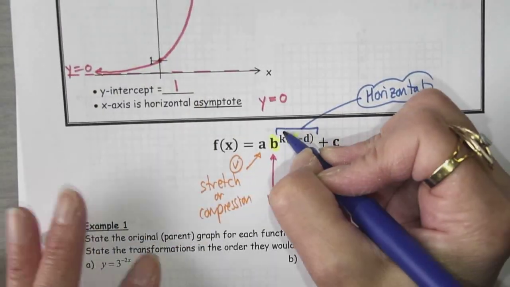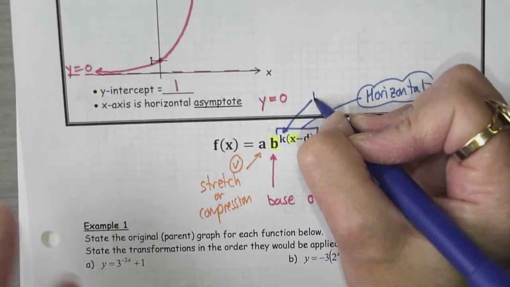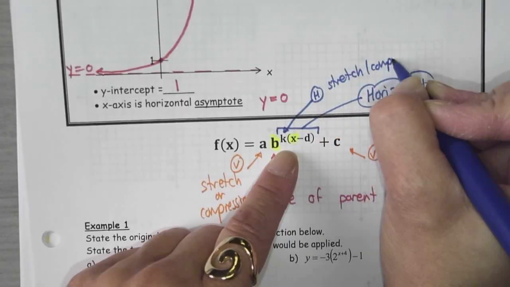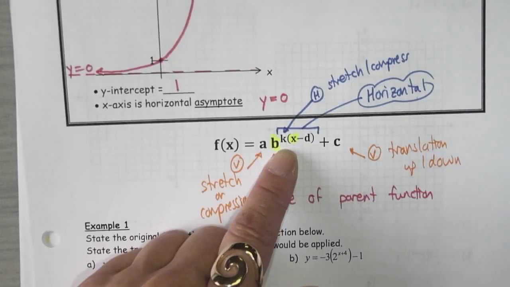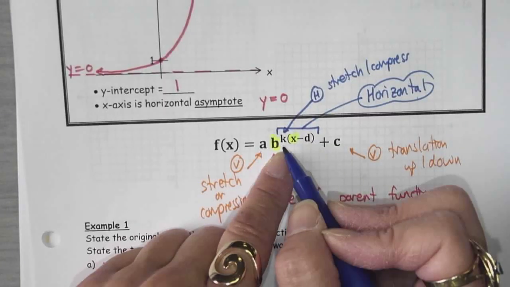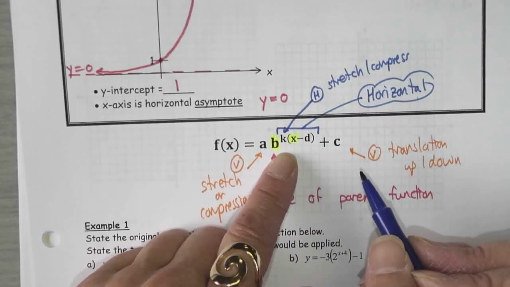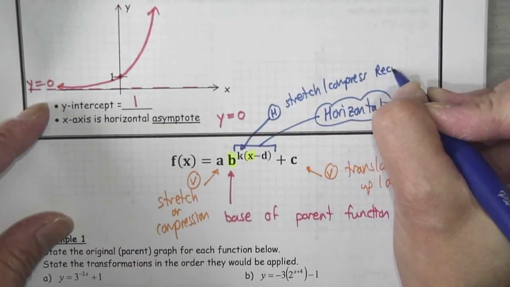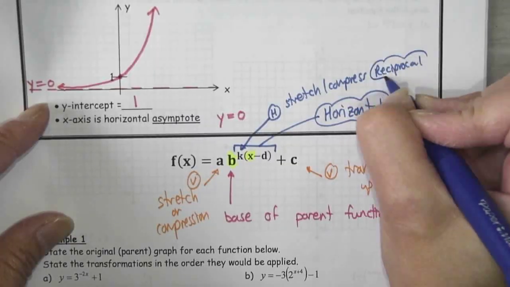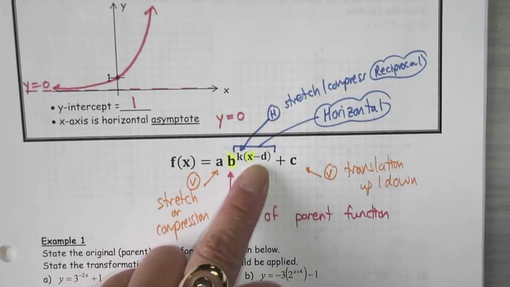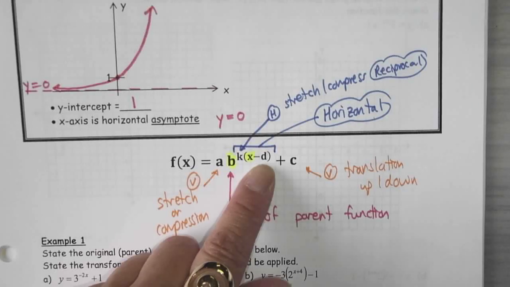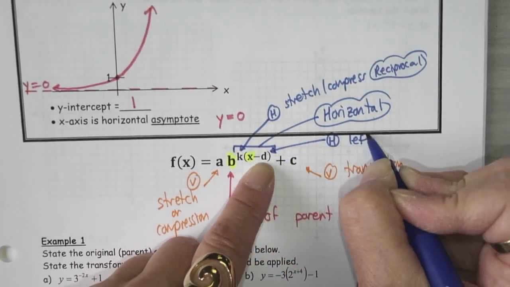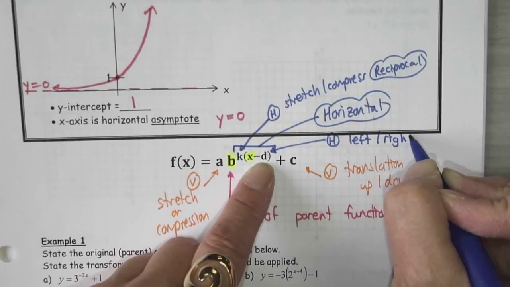So this k here, this number here, that would be a horizontal stretch or compression. And it's going to be the opposite. So if it's 2, it'll be 1 over 2. Does that make sense? So it's always going to be reciprocal. And then the number after, this one here, would still be horizontal, and that would be left or right.